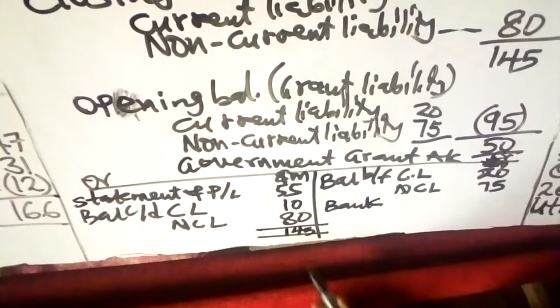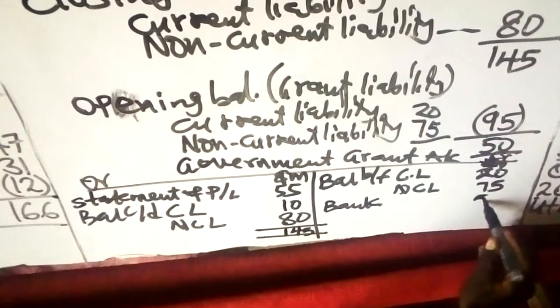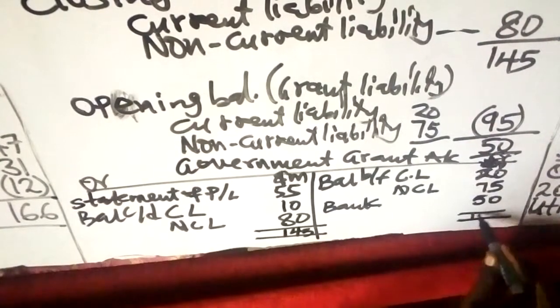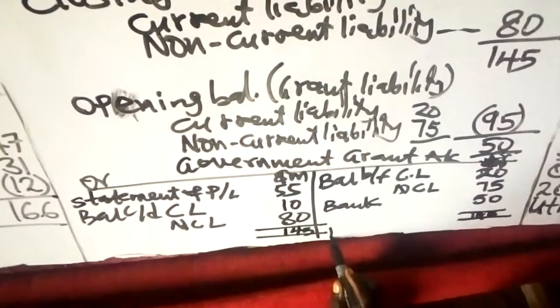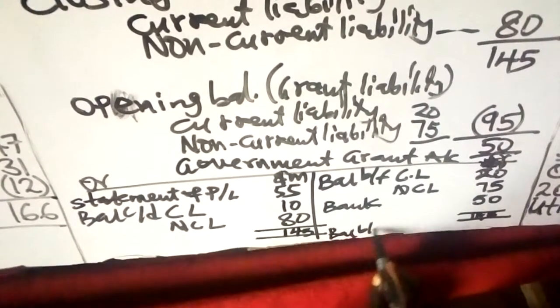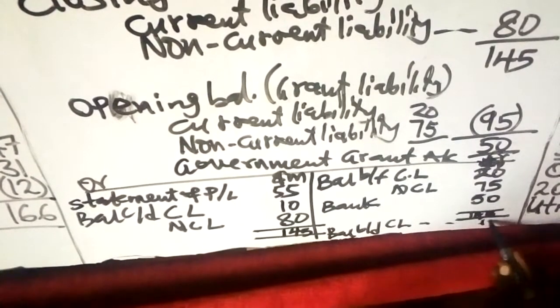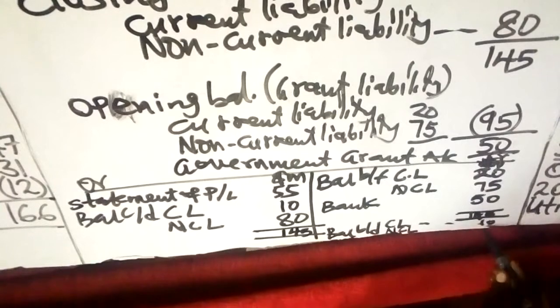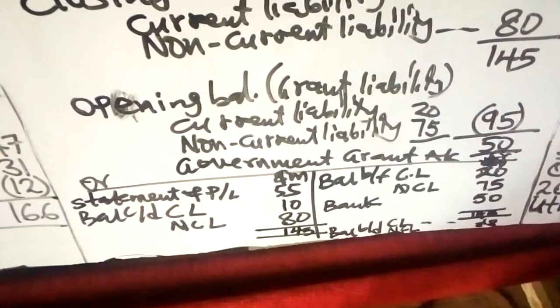The difference, 145 minus 95, gives us 50. That is the amount of grant received. Total is 145. The closing balance will be brought down here: balance brought down, current liability of 10, non-current liability of 80.